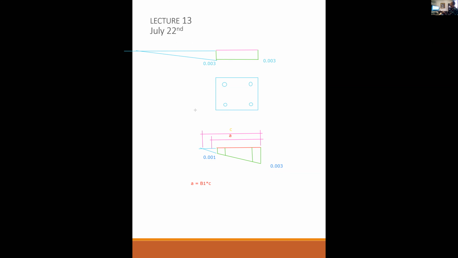Those are just assuming that the whole section of concrete is evenly and equally in compression. But what we're really saying is c is nearly infinite, so little a is nearly infinite. But because a is bigger than the available concrete, then we use a as the area of concrete.